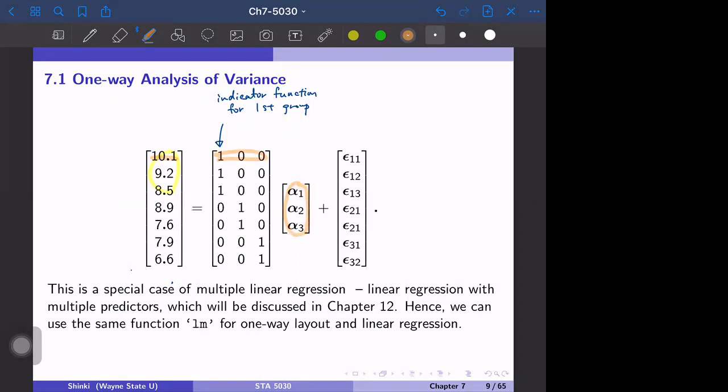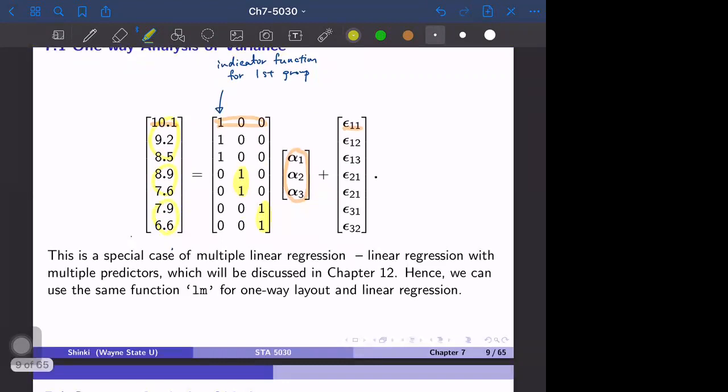So the product of this is 1 times alpha 1 plus 0 times alpha 2 plus 0 times alpha 3. So this is alpha 1 plus epsilon 11. This becomes the original equation we defined. And the same thing for the second group and the third group: the second column is the indicator function for the second group, and the third column is the indicator function for the third group.